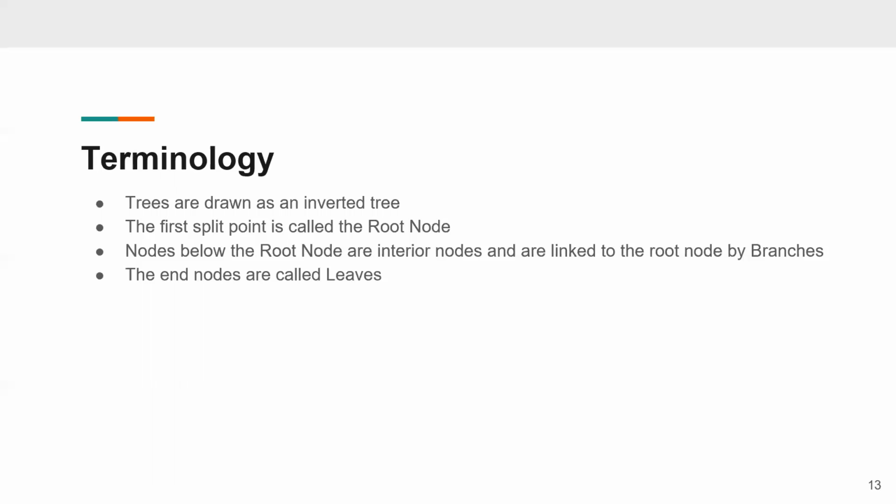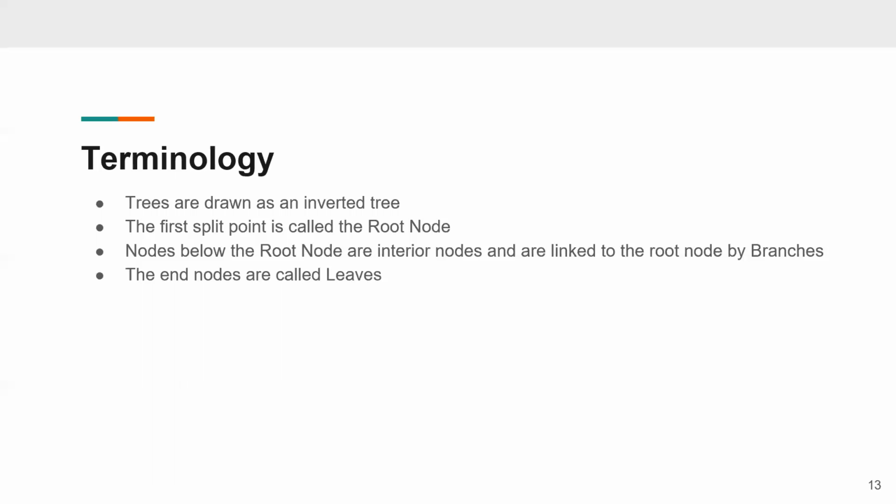So the first branch that we just saw was x larger than 5 on the left-hand side, and x less than or equal to 5 on the right-hand side.